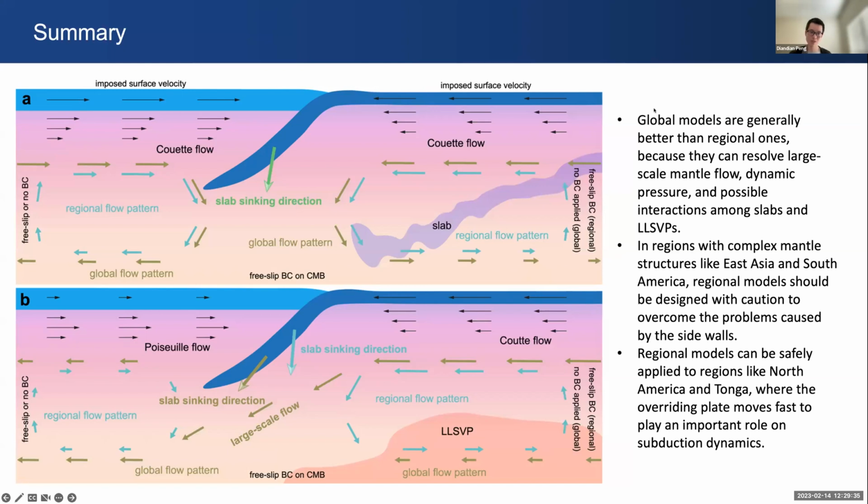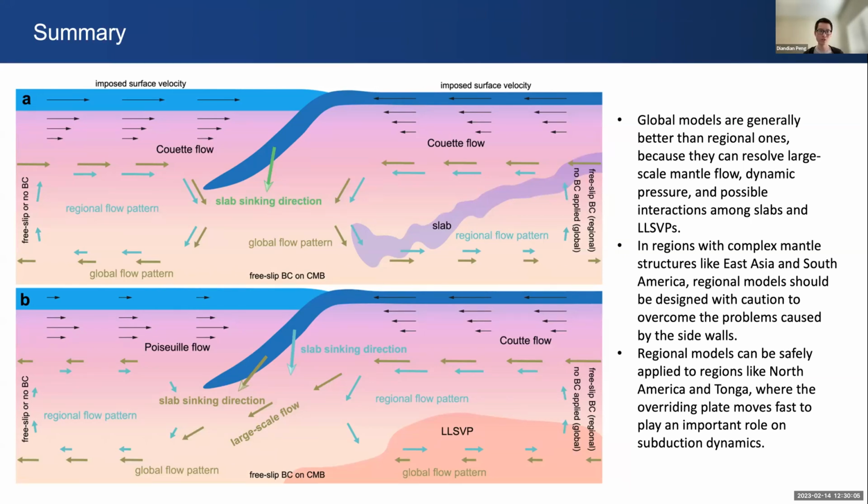So based on these model results, we suggest that global models are generally better than regional models because they can generate large scale mantle flow. They can carry out the LLSVPs, and they have the interactions between slabs and slab plume interaction.